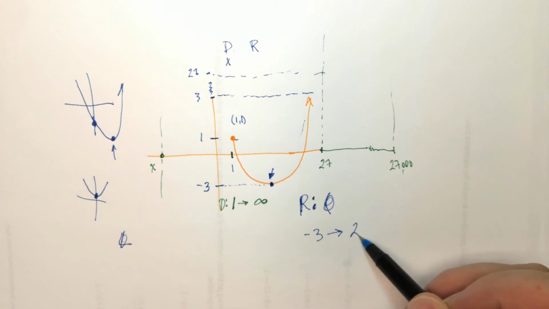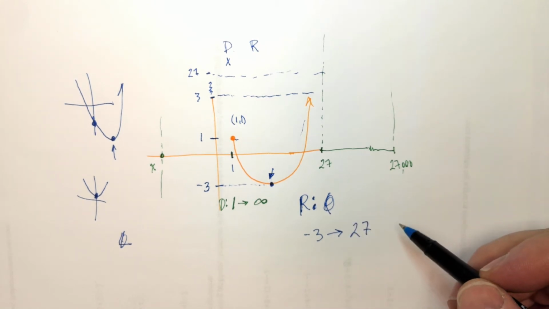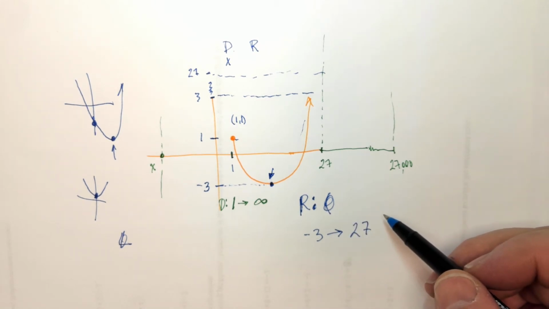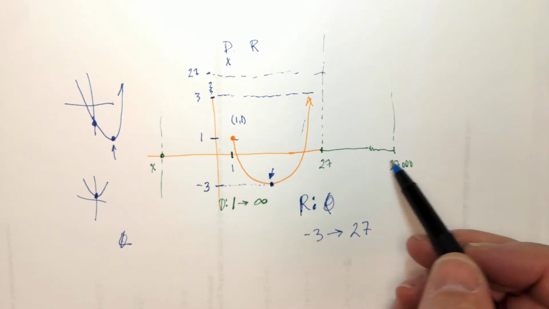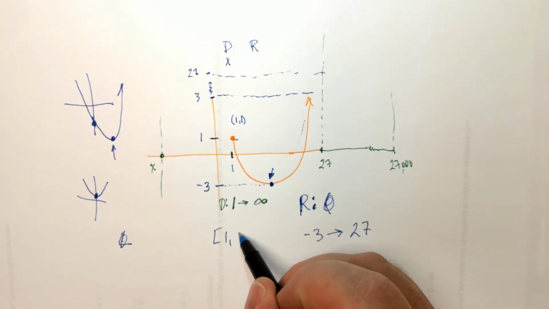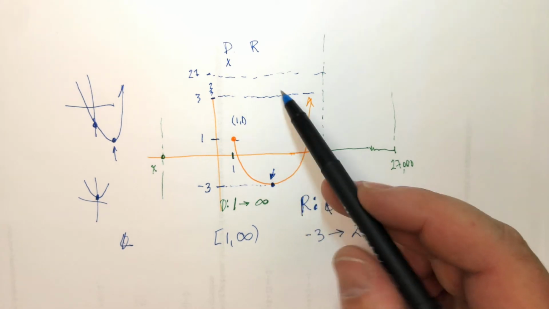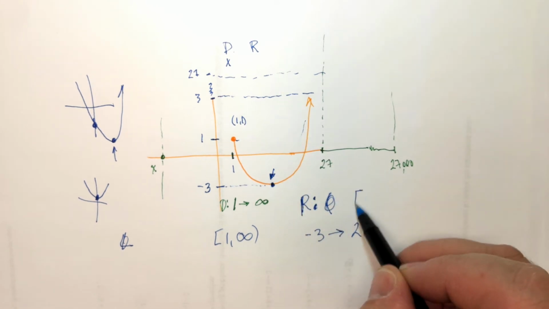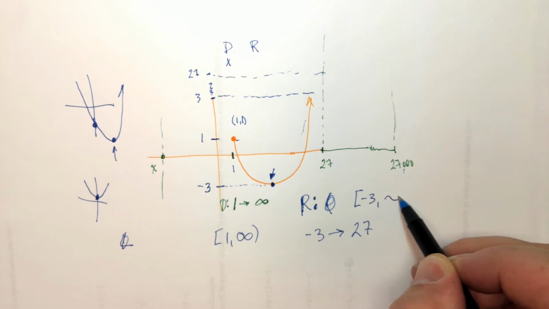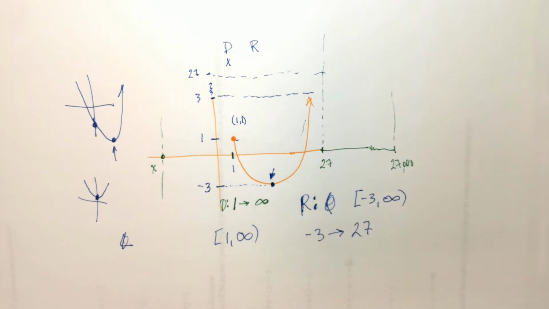So the domain would be from 1 to +infinity, which we'd write like this, and the range would be from -3, I'm going to write it over here, to +infinity, because it just keeps going up forever and ever also.